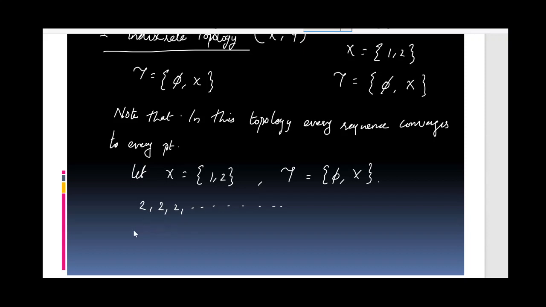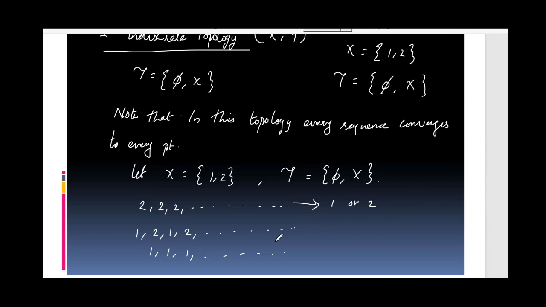Then we take the sequence 1, 2, 1, 2, and so on. And you take one more sequence, 1, 1, 1, and so on. So these all are sequences that can be defined over this set. In real analysis, you have studied that the constant sequence 2, 2, 2 converges to 2 only. But in this case, this sequence may converge to 1 also. It seems to be strange, but this will converge to 1 or 2. You can see how.